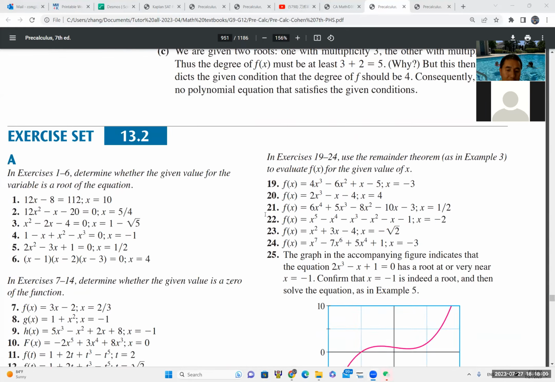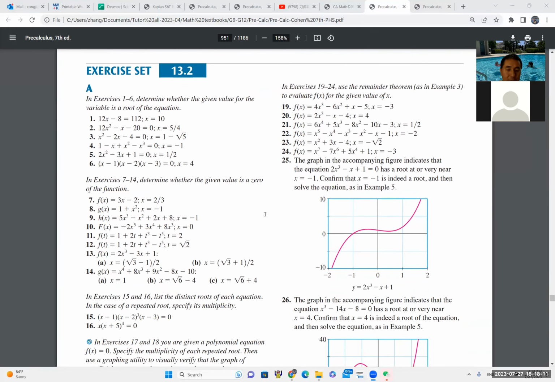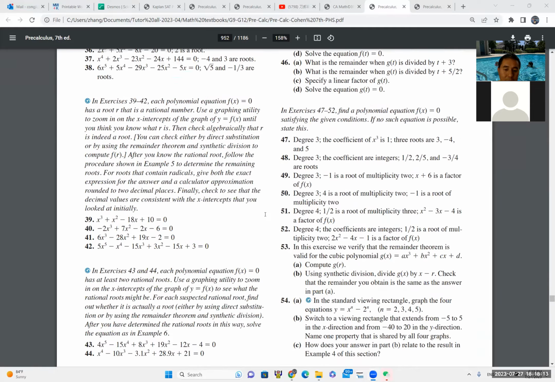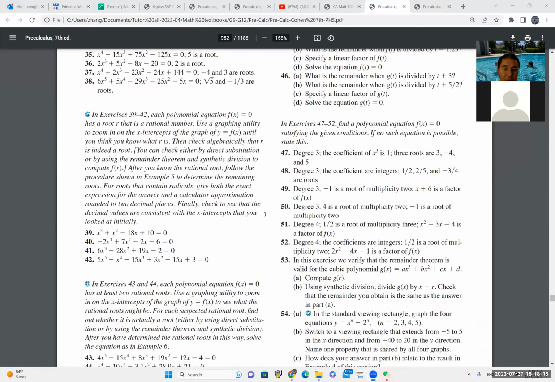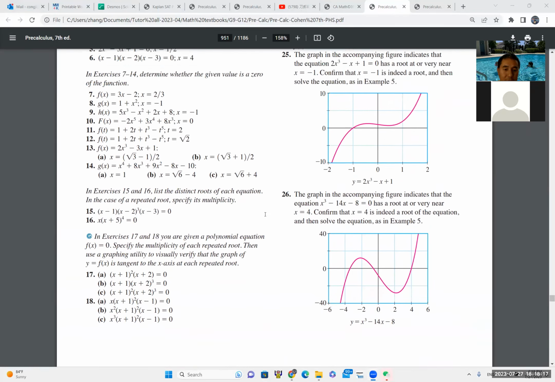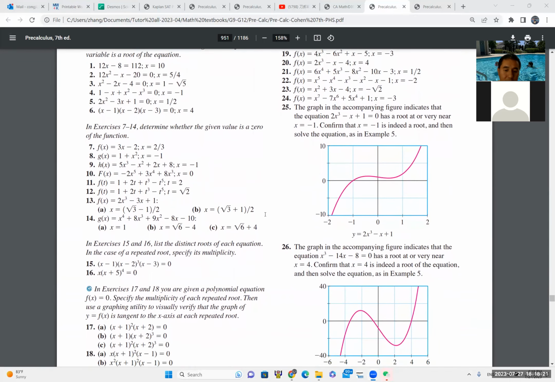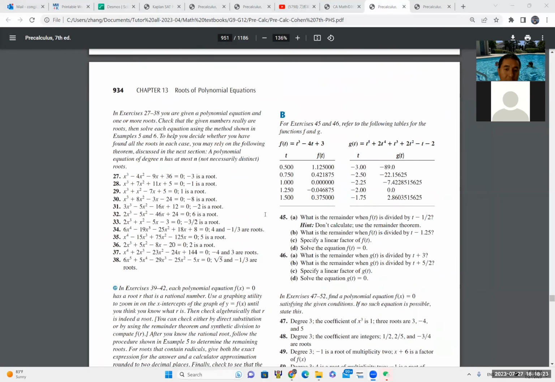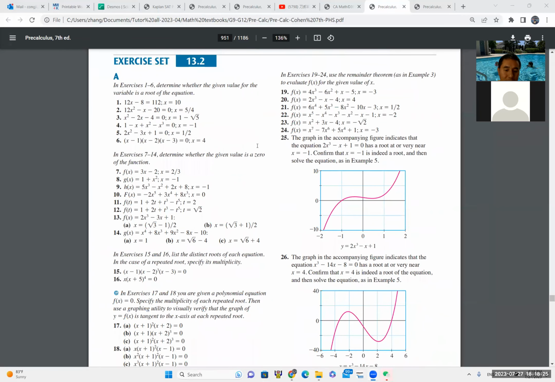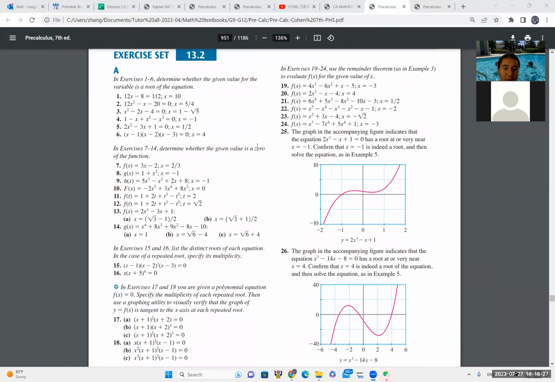Okay, let's go to some exercise. How about you pick a problem from this page? Ideally pick an odd number problem. I only do 23.